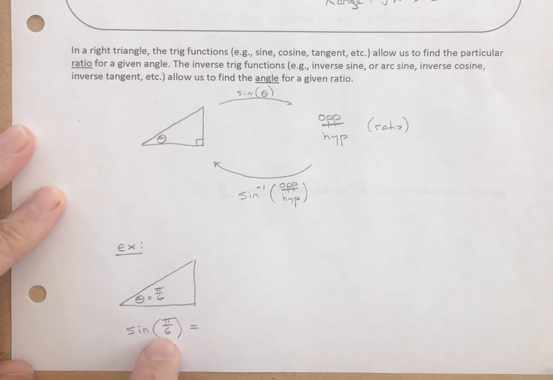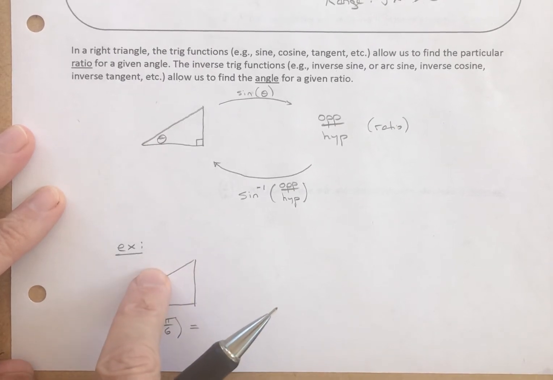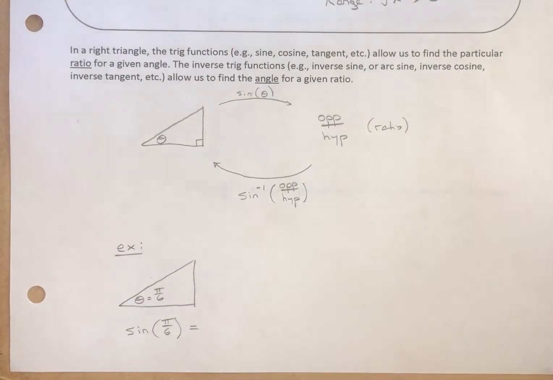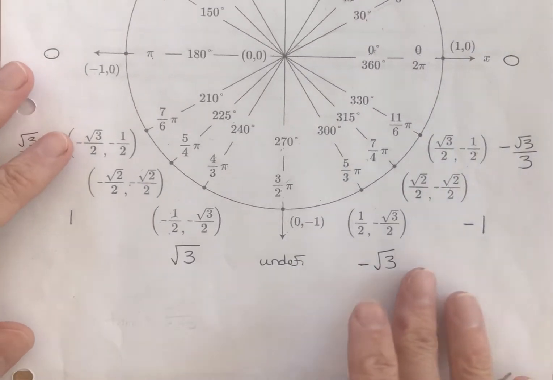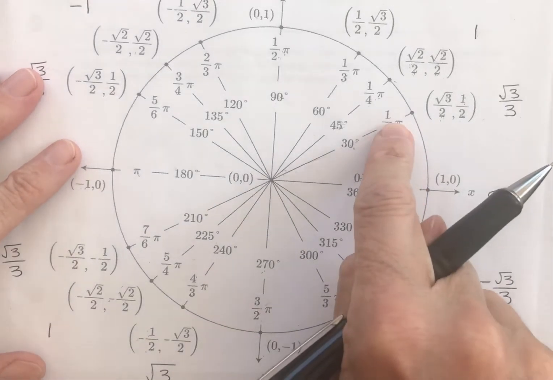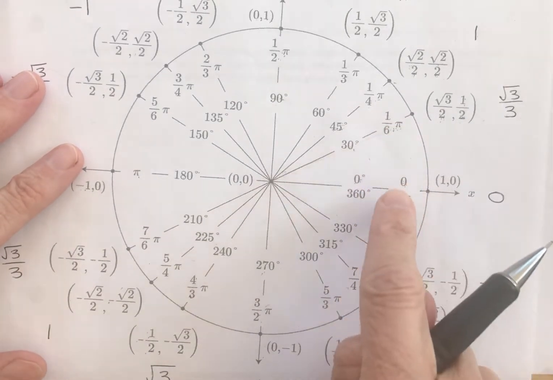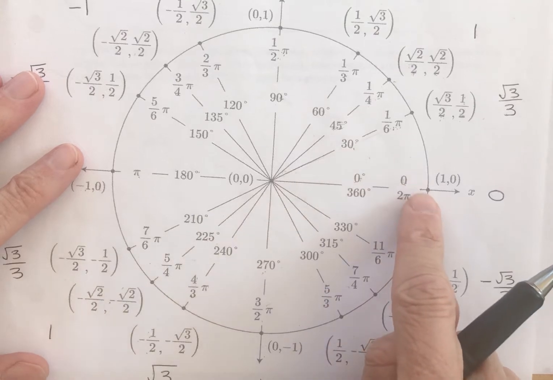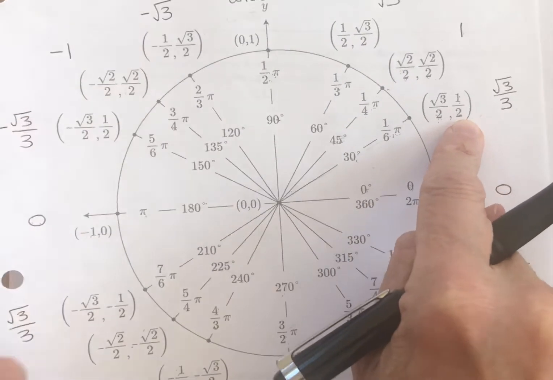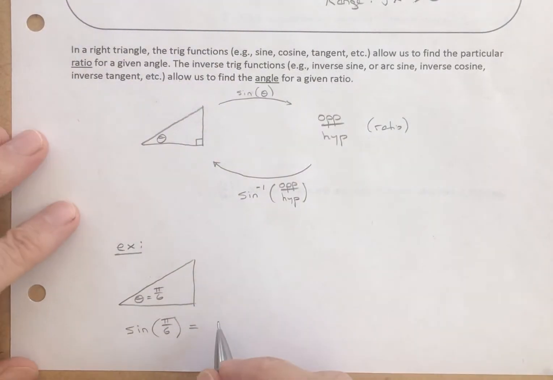What is the opposite over hypotenuse that has the angle of pi over 6? I'll go over here in quadrant 1. Here's pi over 6. Of course, the sine is the y value, and so the sine of pi over 6 is 1/2.